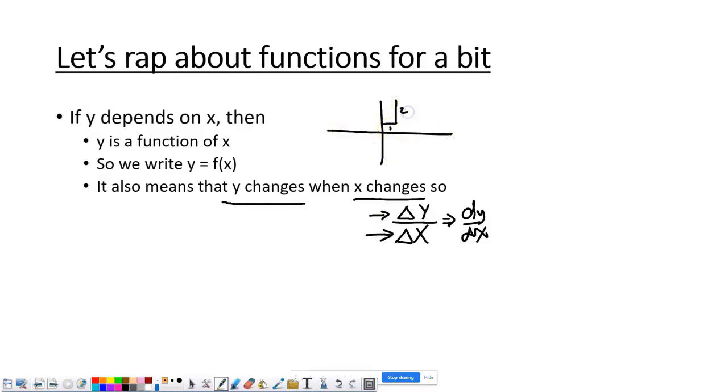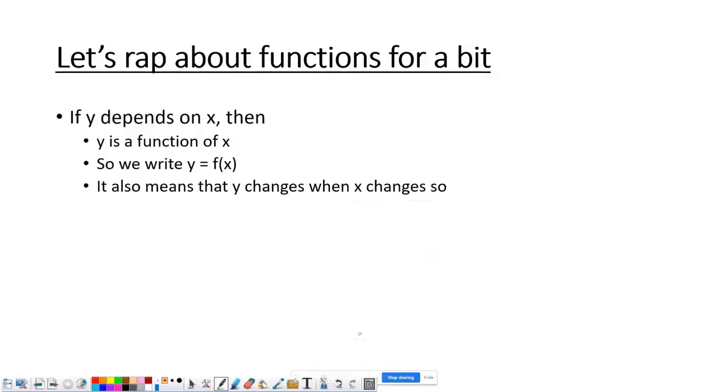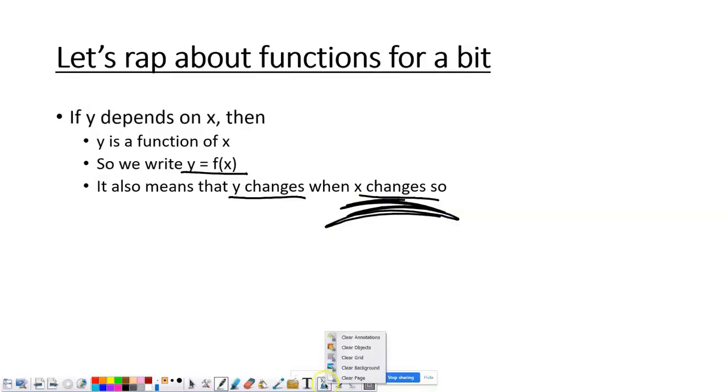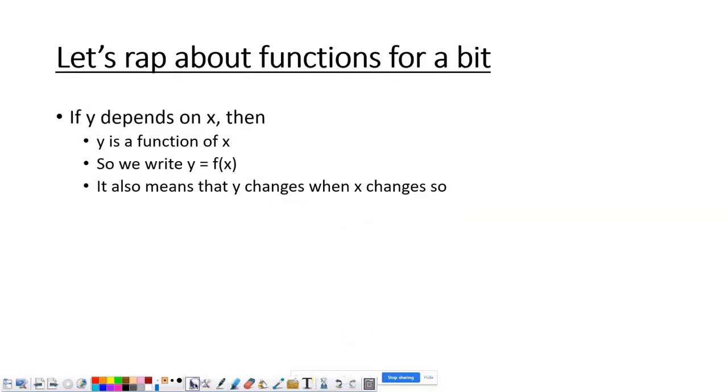What that means is that if your x increases by 1 unit, your y increases by 2. That tells you how fast y is changing as x is changing. And so if y is a function of x, then there's a derivative of y, a slope of y with respect to x. In other words, x is the one determining how fast y is changing.